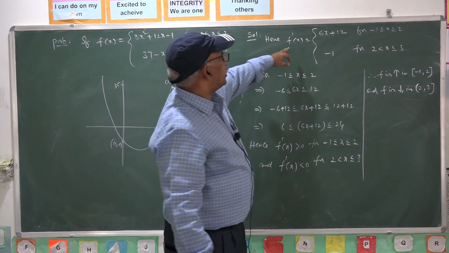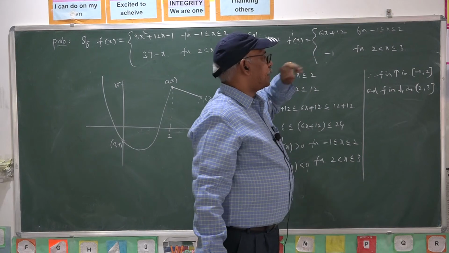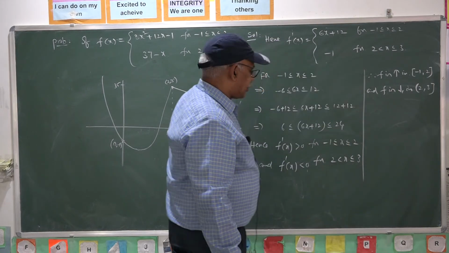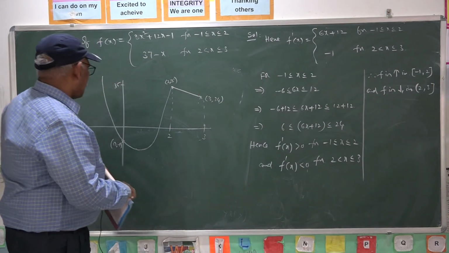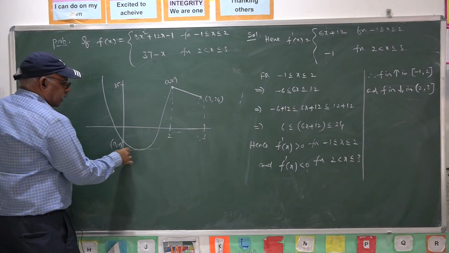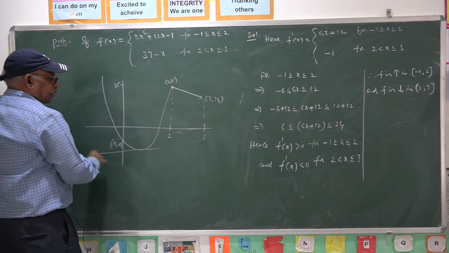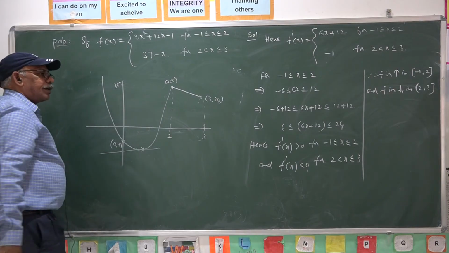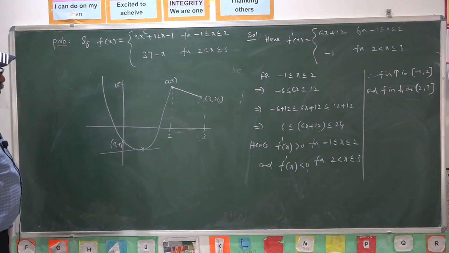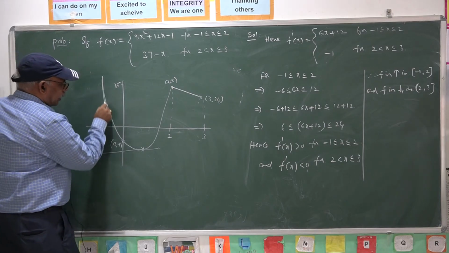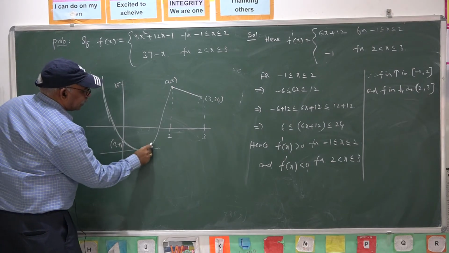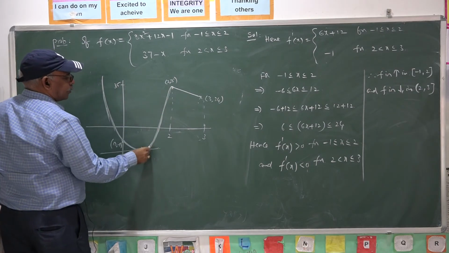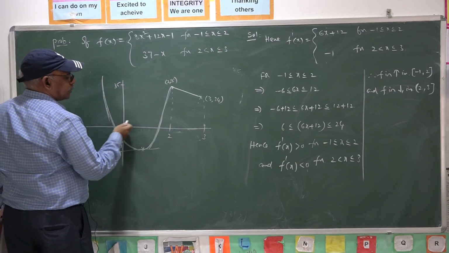Once f dash x equal to 0, we get x equal to minus 2. So, there the derivative is 0, which means it has a tangent parallel to the x-axis.